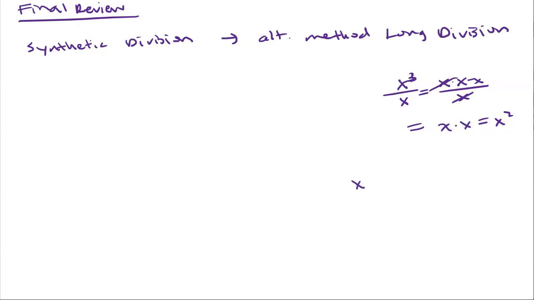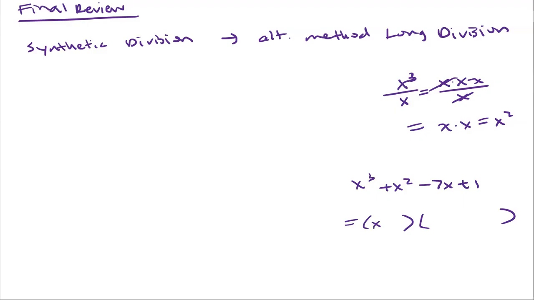So if we had x cubed plus x squared minus 7x plus 2, and one of the numbers that we pick is a factor of this, then your result will be one binomial and the other one will be a trinomial.